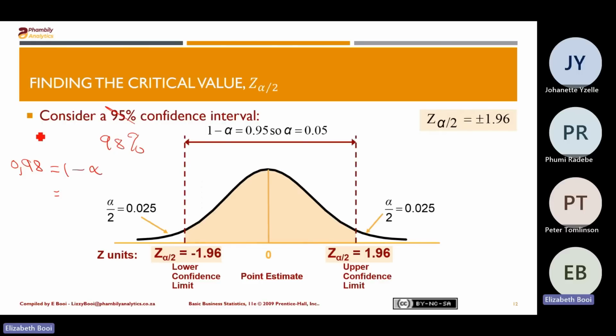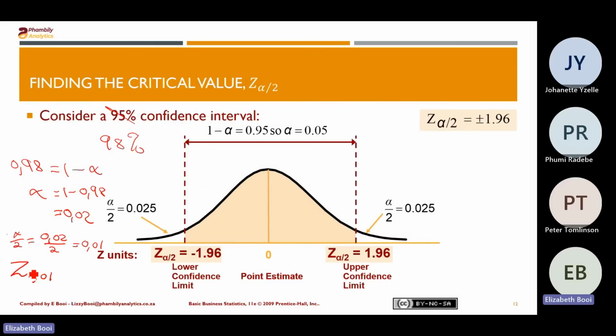We bring alpha to this side, and this will be 1 minus 0,98, which is equal to 0,02. In order to find the critical value, we have to divide alpha by 2. So 0,02 divided by 2 is 0,01.